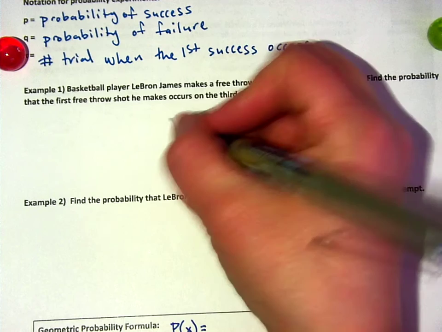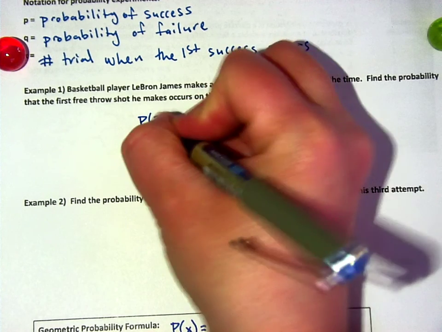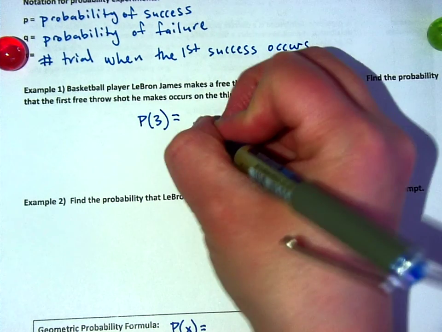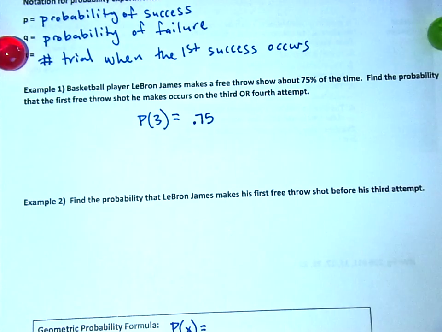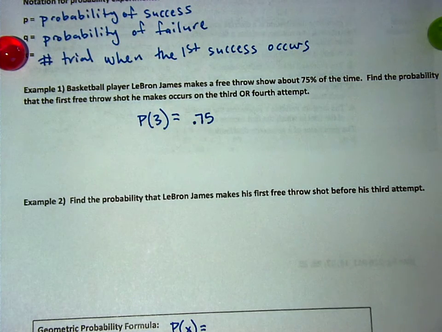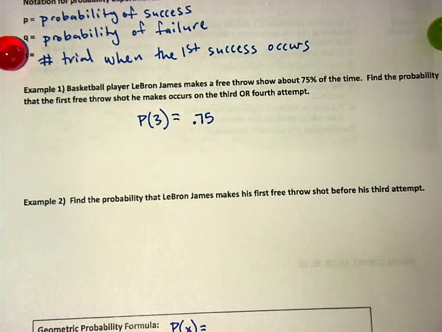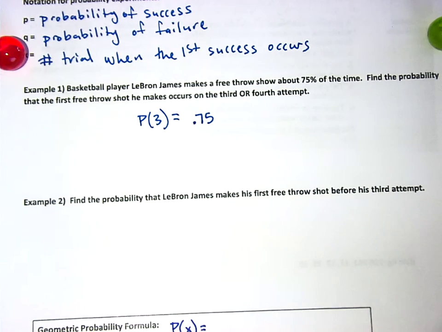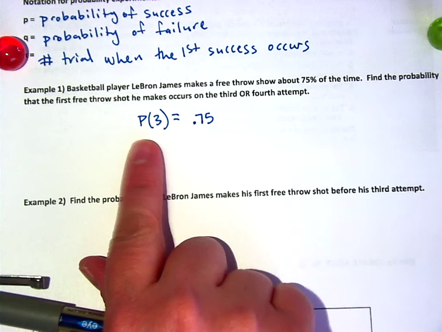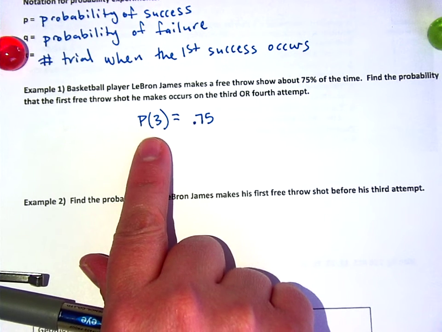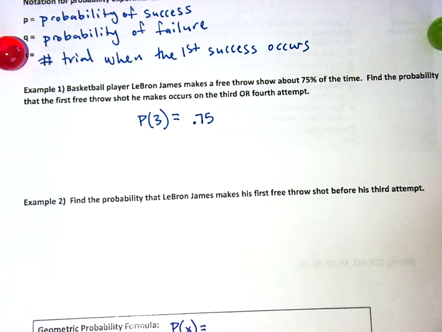Probability of the third one would be 0.75 to the what? We want him to succeed how many times? This is the chances that he succeeds on his third try, right? So how many times would he succeed?